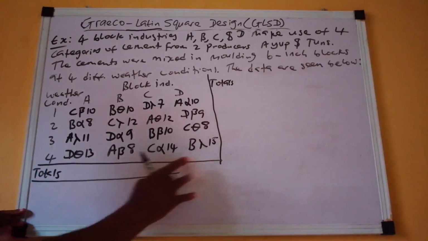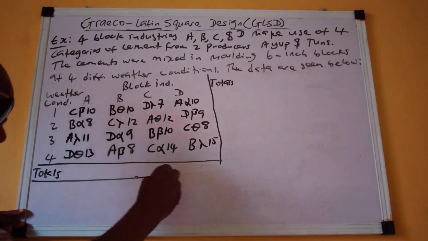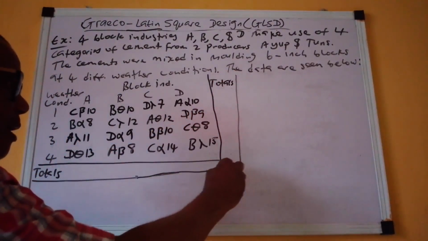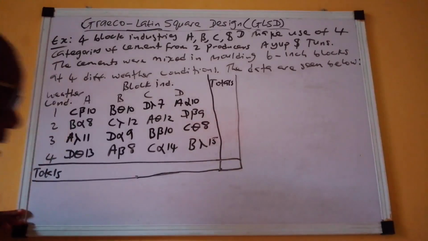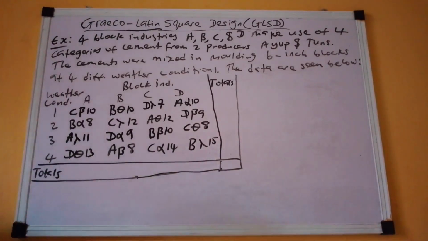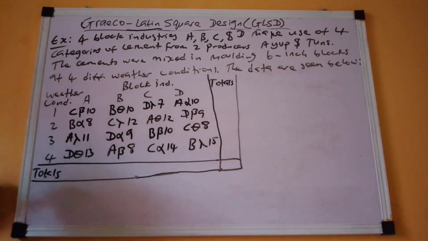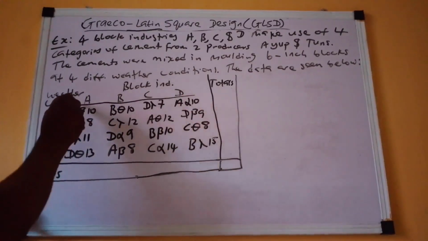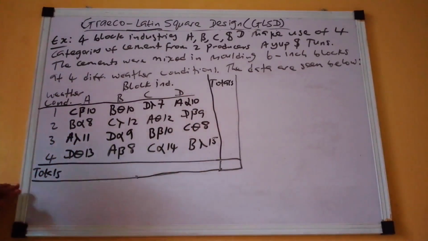The first thing you do, sum the row and sum the column, so that you can have the row total, the column total, and at the end of the day having what we call the grand total. If you want to rule here, you are permitted to rule it this way.